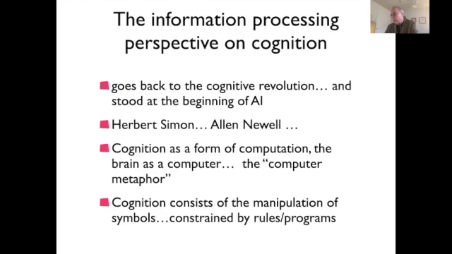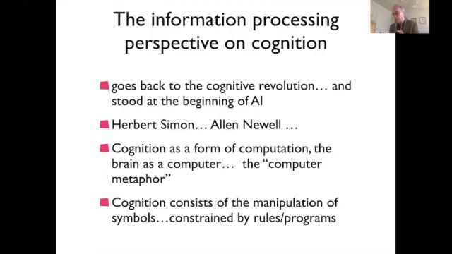So the information processing perspective on cognition is essentially what emerged after the cognitive revolution, essentially the movement against behaviorism, allowing back in the inner state of the brain, of the mind. Herbert Simon, Al Newell, a couple of other people, very famous areas.